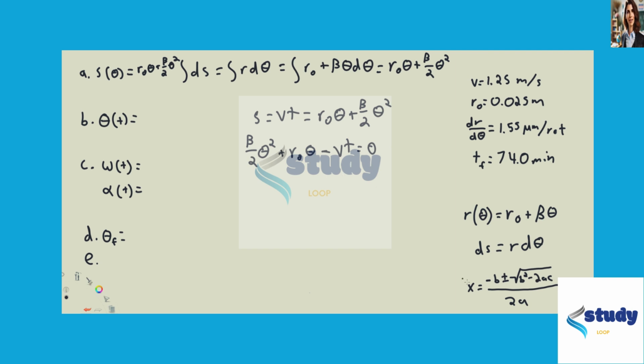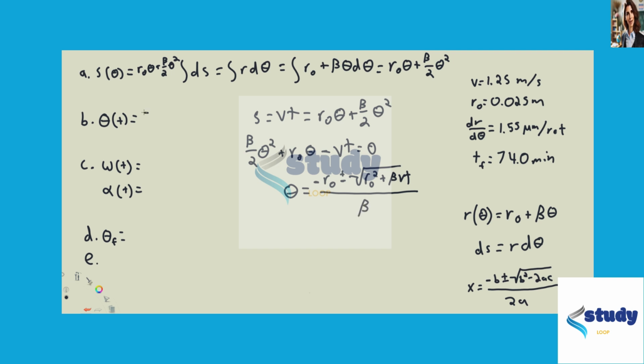So we can just plug in our quadratic formula, and we will know that theta is equal to minus r naught plus or minus the square root of r naught squared minus 2 beta over 2, so just beta, times c, which is minus vt, and I'll just turn that minus into a plus, all over 2 times beta over 2, or just beta.